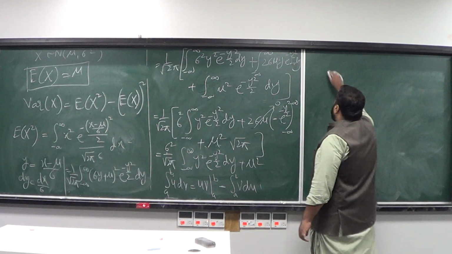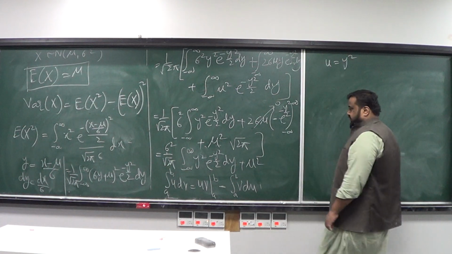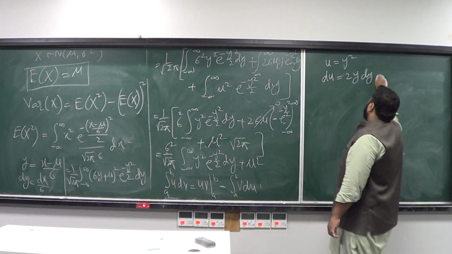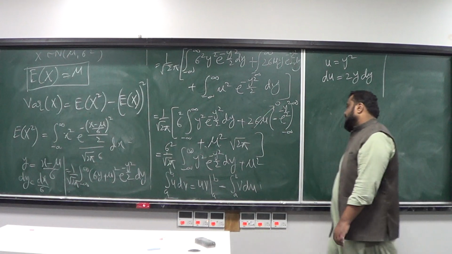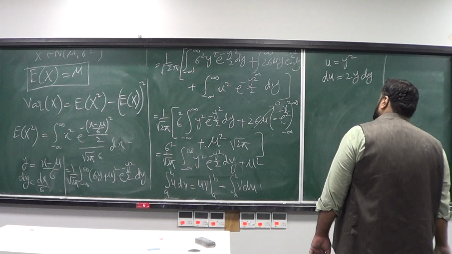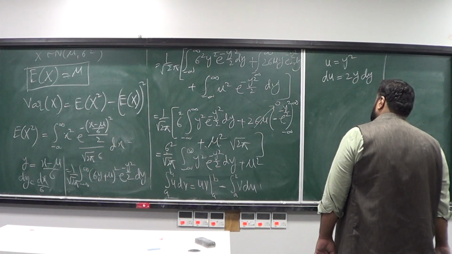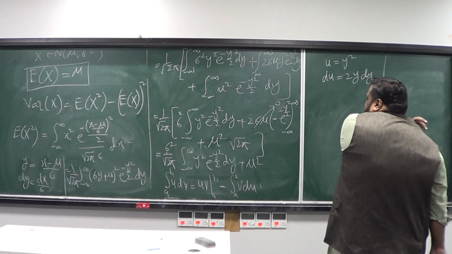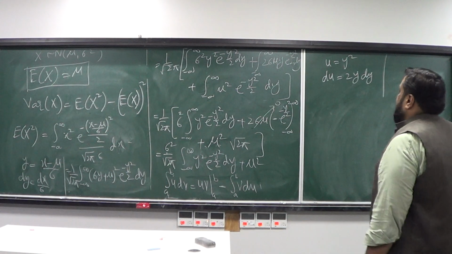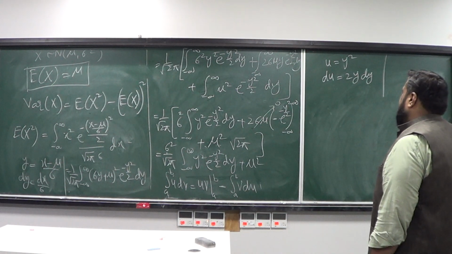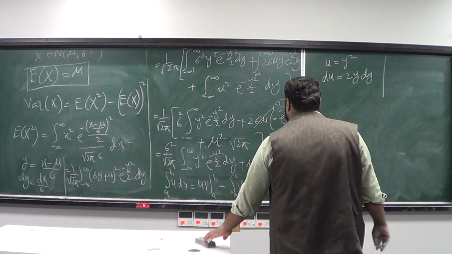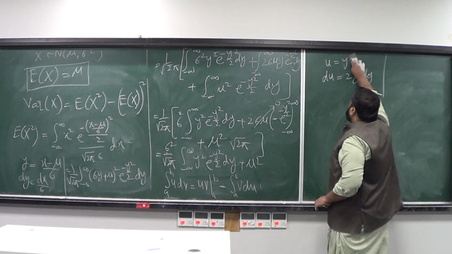So let's take our u to be y square, so the du is going to be 2y dy. And let's take dv to be e to the minus y square by 2. No, we shouldn't do it like that.